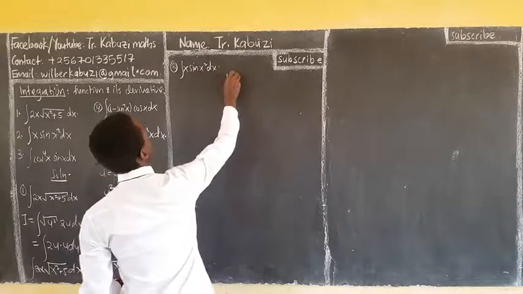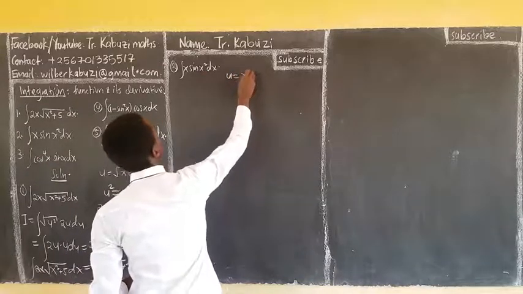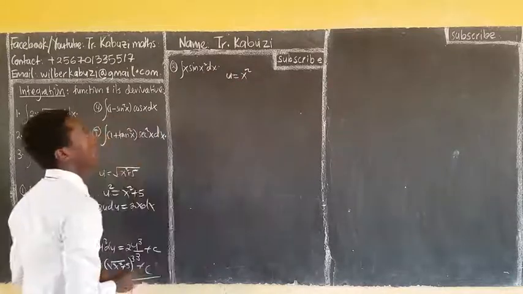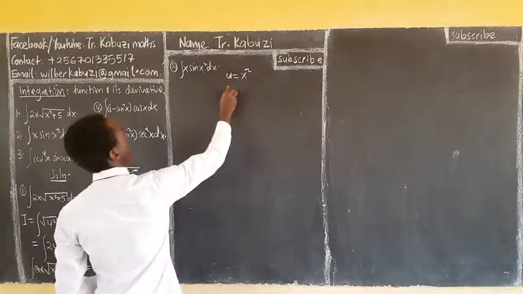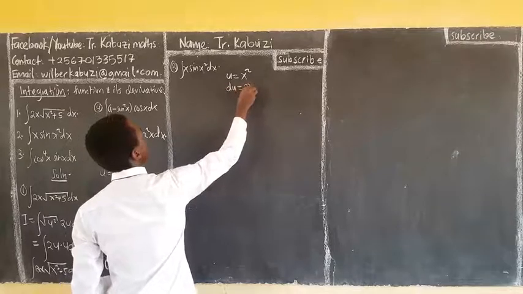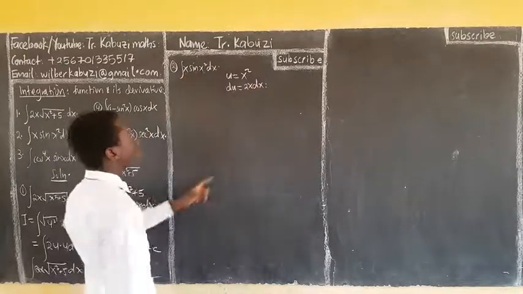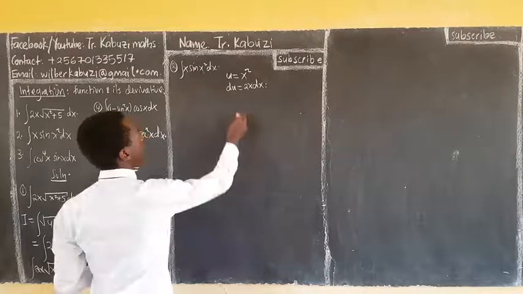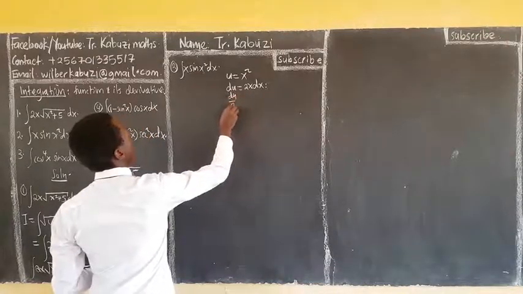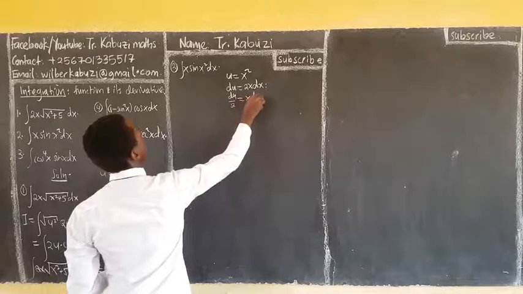So I say let u be that angle giving me a problem. Meaning my du will be 2x dx. But here we have x dx, so you remove the 2, meaning that du over 2 is going to be x dx.